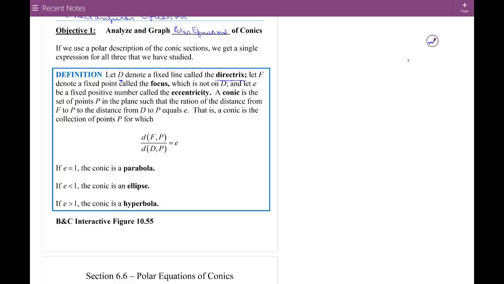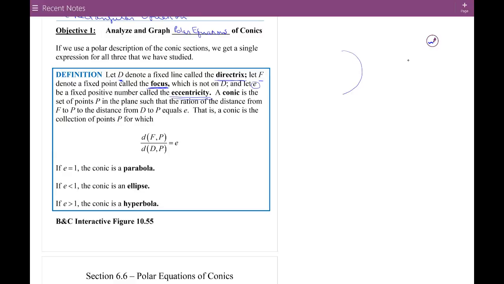Then let F be some fixed point called the focus. And we did talk about the focus in each of the three: parabola, ellipse, hyperbola. And this focus needs to not be on D or you get a degenerate conic. Then let little e, which is not the e from logarithms, be just a letter e that's called the eccentricity.